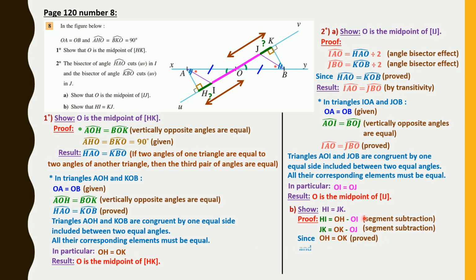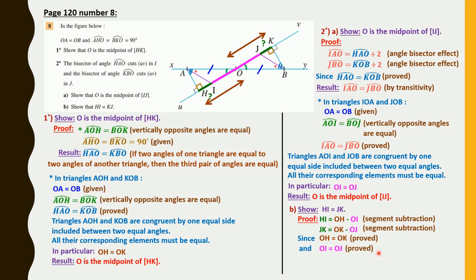And OI equals OJ, also they represent two corresponding elements of the two congruent triangles IOA and JOB that we already proved. But since we proved it here already, we can say proved, or you can say corresponding elements of the two congruent triangles IOA and JOB.